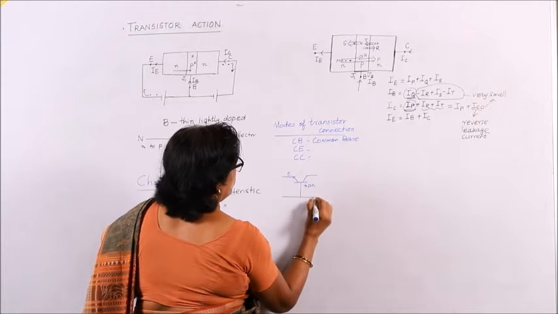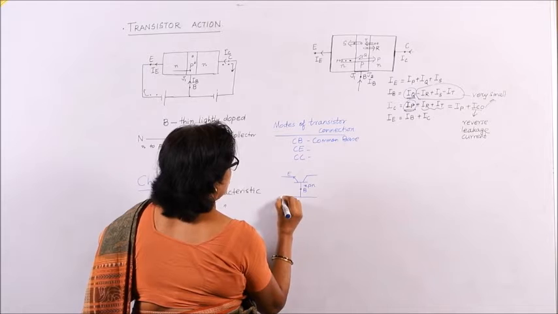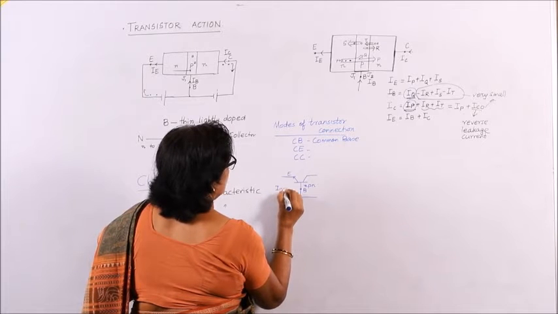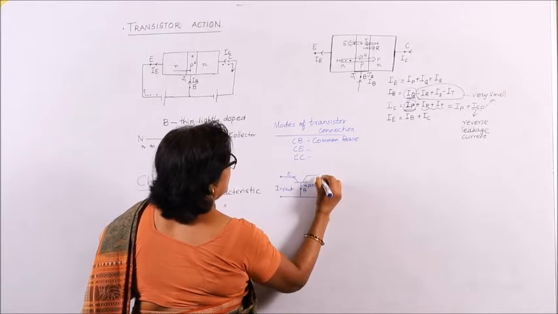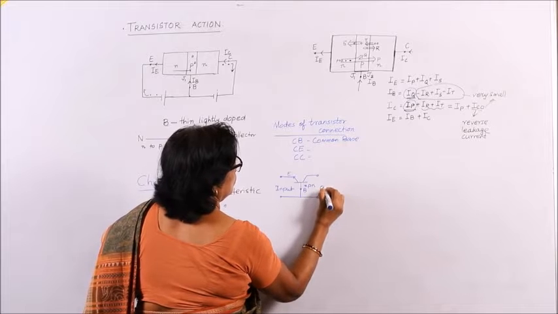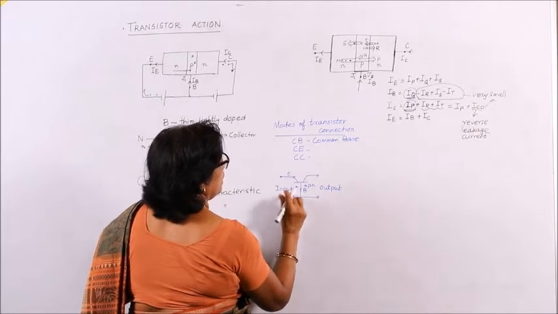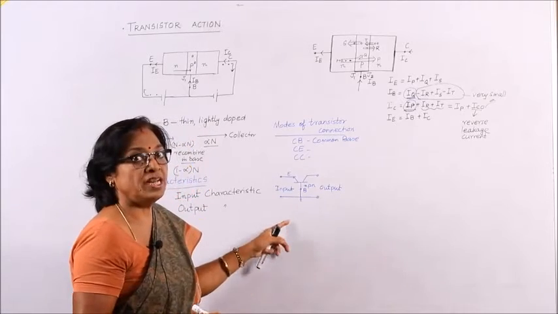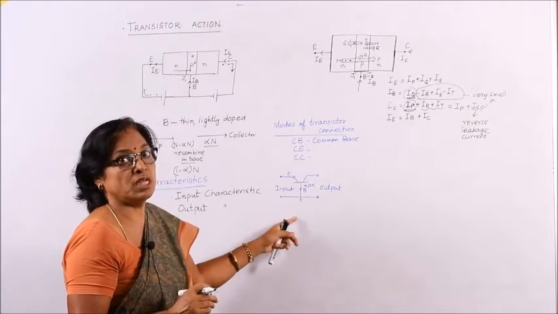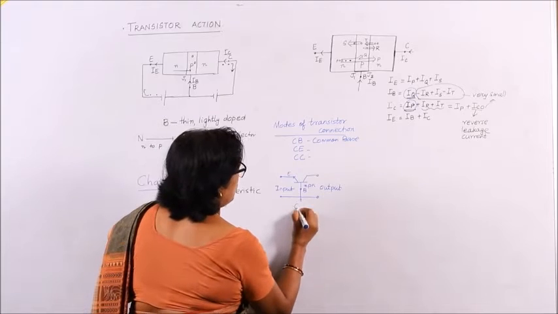So, here the base is common to both, here will be my input, here will be output. So, base is common to both input and output. The base terminal is connected to both the input as well as the output. So, this is a common base circuit.